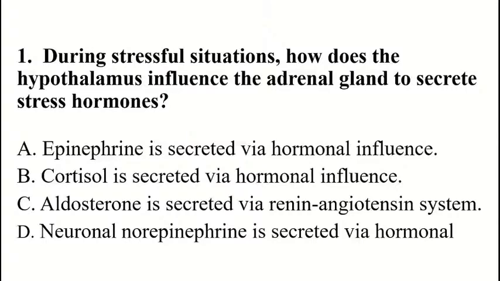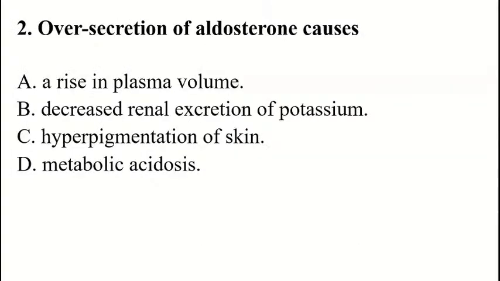Melanocyte stimulating hormone. Yes, and which hormone that we have learned so far causes that? High levels of ACTH. Yes, you're right. The hyperpigmentation of skin is due to primary adrenal insufficiency, where you have a high level of ACTH, which will cause hyperpigmentation of skin.